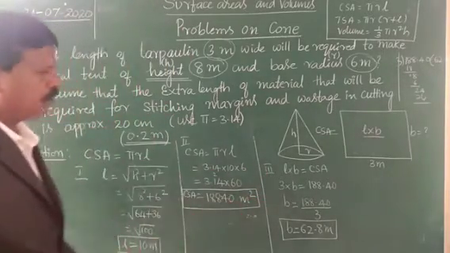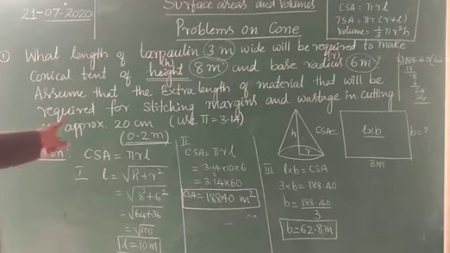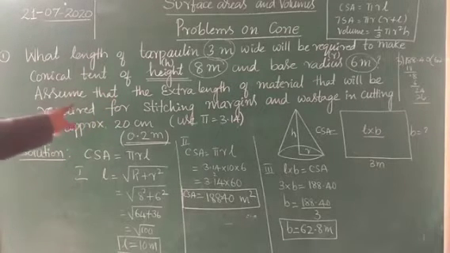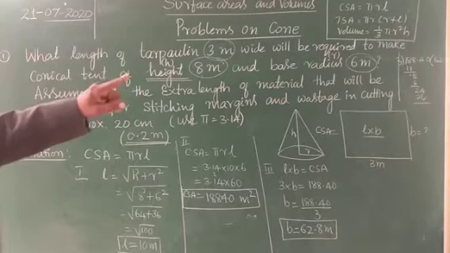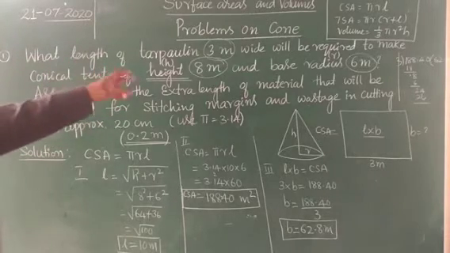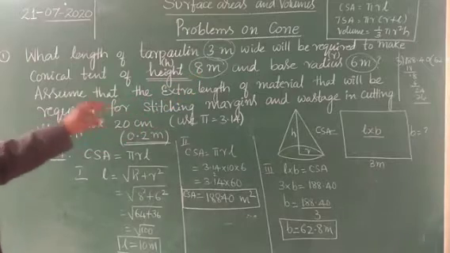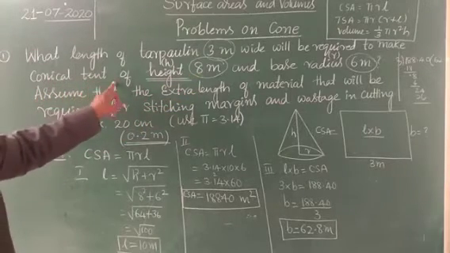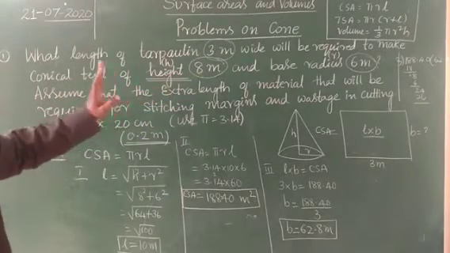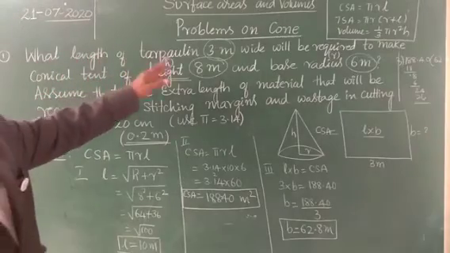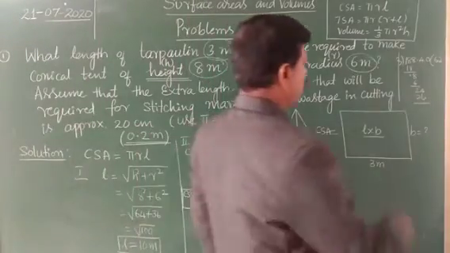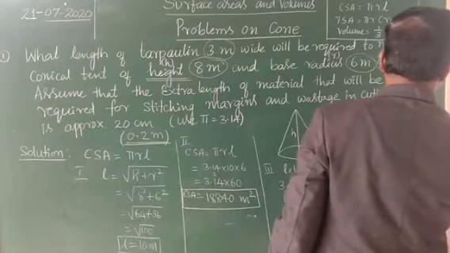this is what they asked. What length of tarpaulin 3 meter wide will be required to make a conical tent of height 3 meter? So here the width is given.